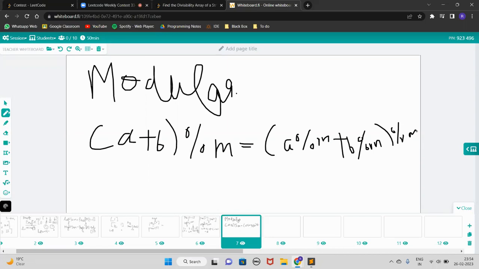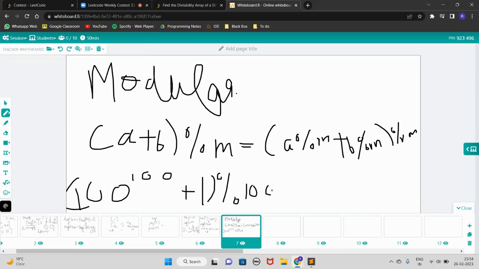Let's suppose we have to find 100 raised to power 100, plus 1, mod 100. We can split it like this, and then we have to find 100 raised to power 100 mod 100, which would be 0, plus 1 mod 100.